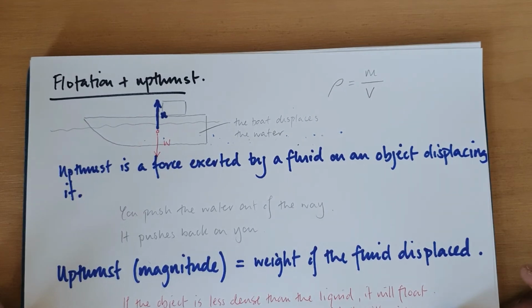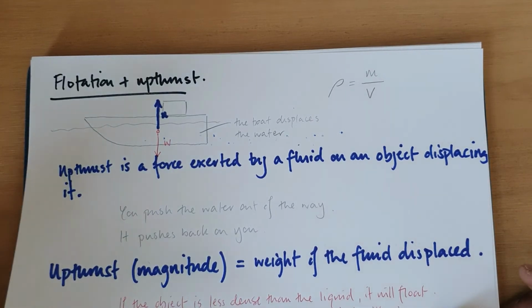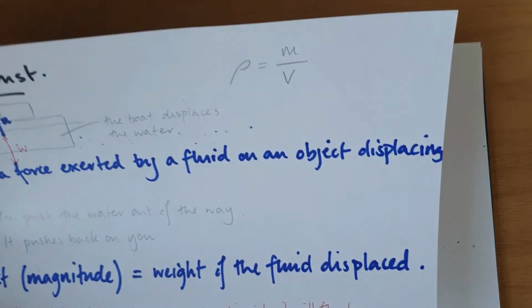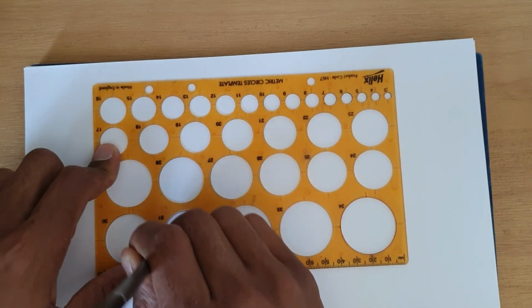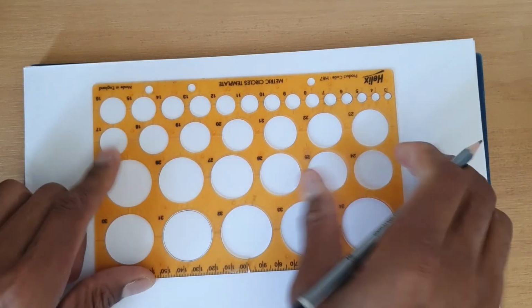So I wonder whether some examples might be helpful for you guys, and whether they'll help you to understand the idea of perhaps fluid pressure and surface pressure. So I think I'll do one example. Get my trusty tool out here, my circle drawing tool. So it's just to help me illustrate.